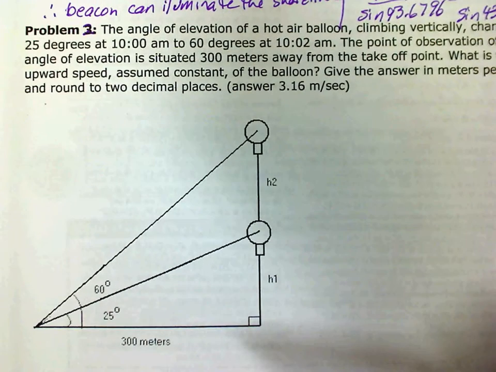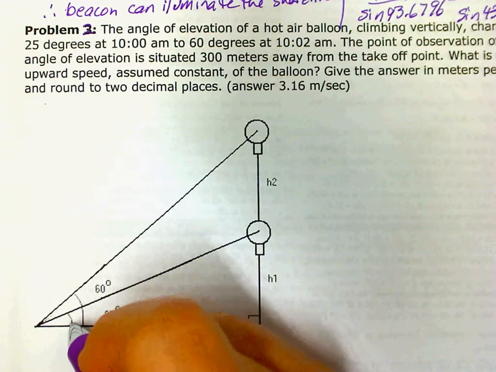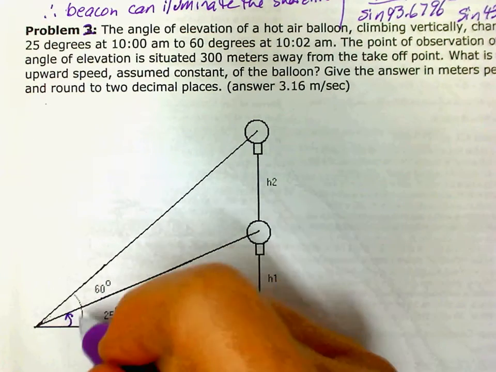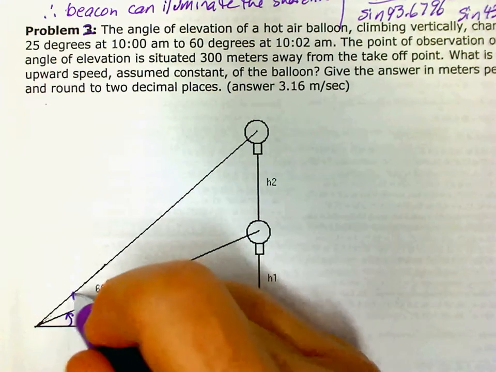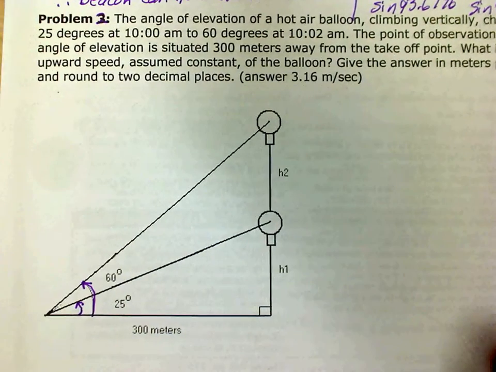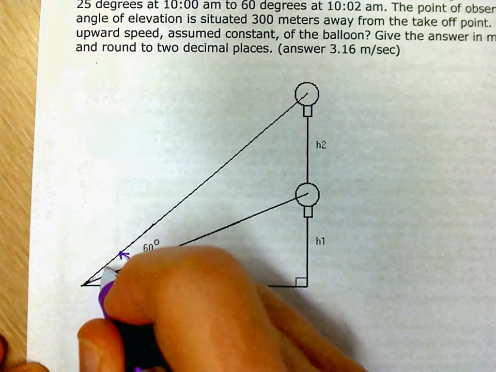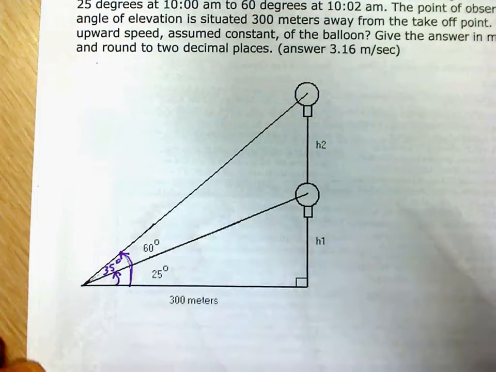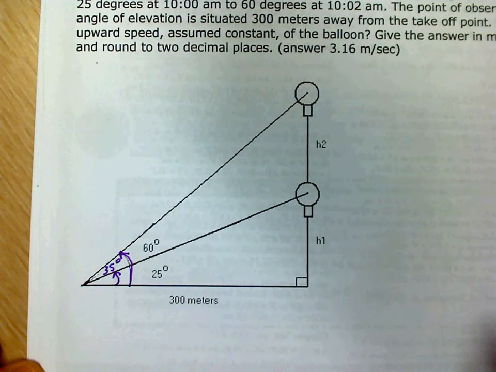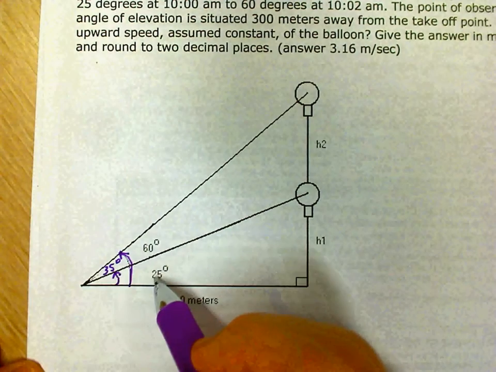So don't forget 25 degrees goes from there to there, and our 60 degrees goes from there to there, right? So this little guy is 35 degrees. Right in there is 35. 35 plus 25 is 60.